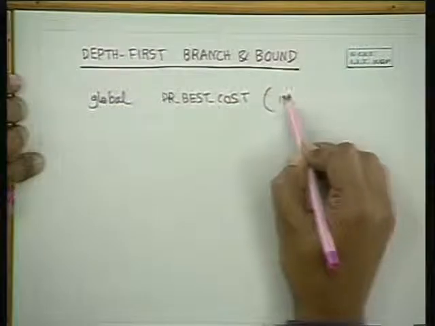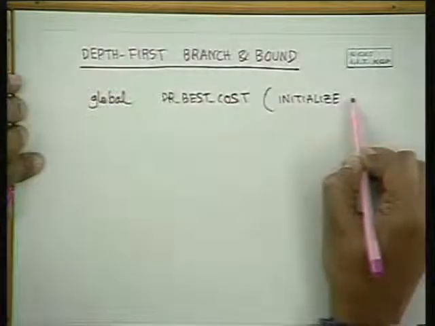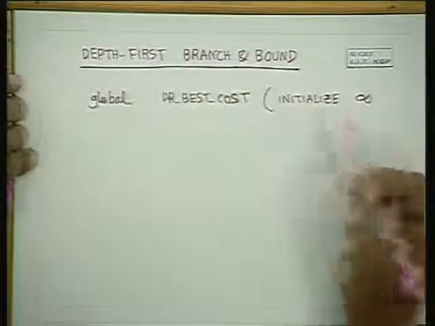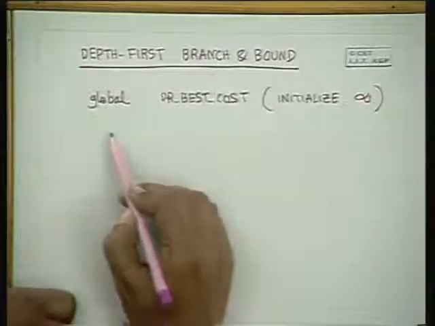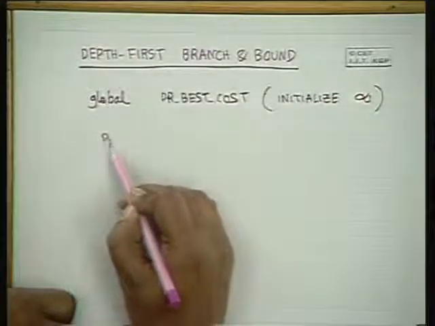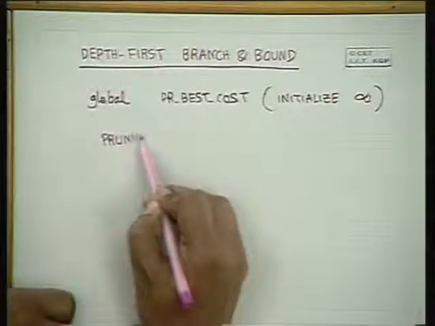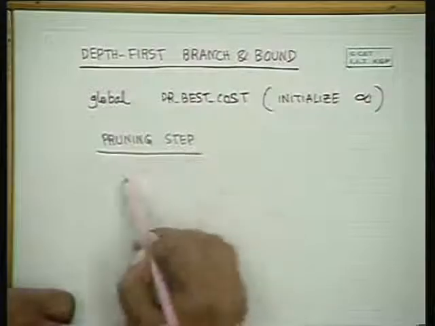initialized to infinity or to the total number of stamps, whatever, any upper bound, and then in the same thing I use the pruning step. What is the pruning step?